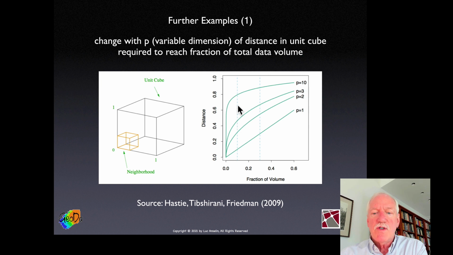And it gets even worse. In 10 dimensions, we would have to search 80% of the data, 10-dimensional data hyperspace. So this is an example of something that seems very reasonable, just direct search in low dimensions, but very quickly becomes impractical in high dimensions.